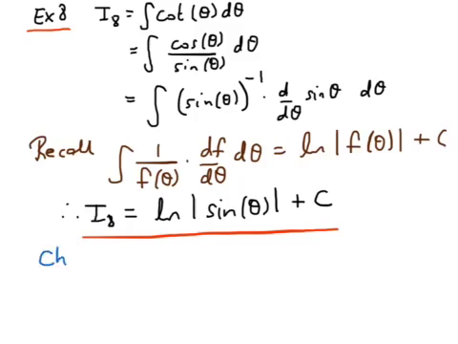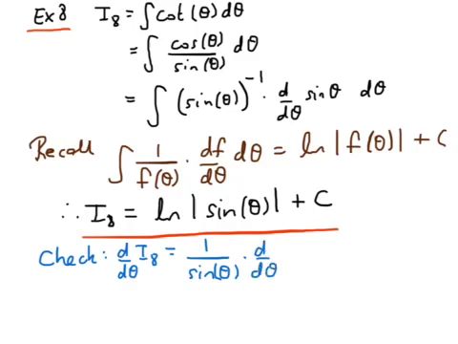So let's check the derivative with respect to theta of our integral I8. Well, the derivative of the logarithm of the modulus of something is 1 over the something, so this is 1 over sine of theta multiplied by the derivative with respect to theta of the argument of the modulus of the logarithm.